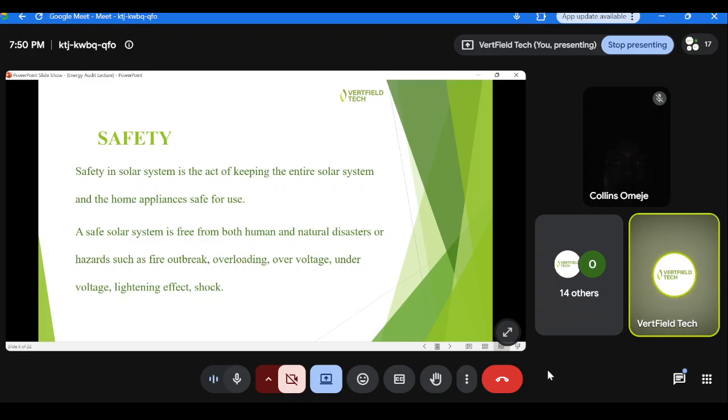And until you provide the appropriate safety measure, that is the only time that system will say, okay, I wouldn't shock my client, or I wouldn't shock this end user, or I wouldn't cause problems for this installer.